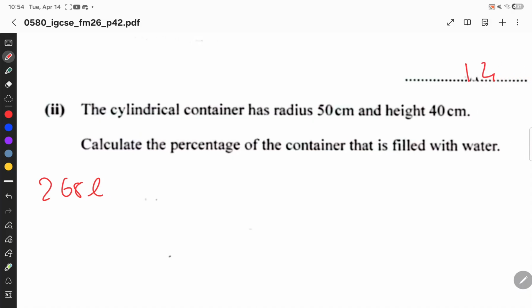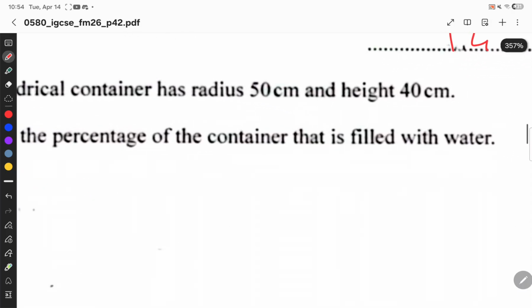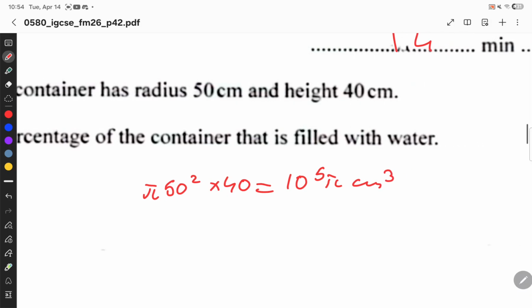So the volume of the container will be pi times 50 squared times 40, which is 1 lakh times pi centimeters cubed.